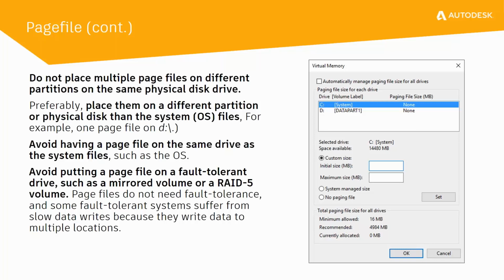Avoid having a page file on the same drive as the system files, and avoid putting a page file on a fault-tolerant drive such as a mirrored RAID or a RAID 5 volume. The reason being is that there's no need to actually have redundancy or fault tolerance for these. So the reality is by putting it on a mirrored volume or a RAID 5 volume, in essence, potentially we're needing additional system resources, which slows down the way that information is being treated when saved.